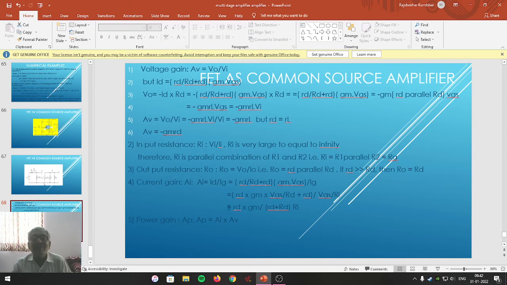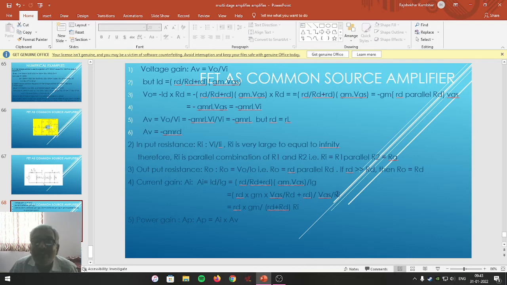Put the same value of ID in this equation, so we get small rd upon capital RD plus small rd, into gm into VGS upon Ig.